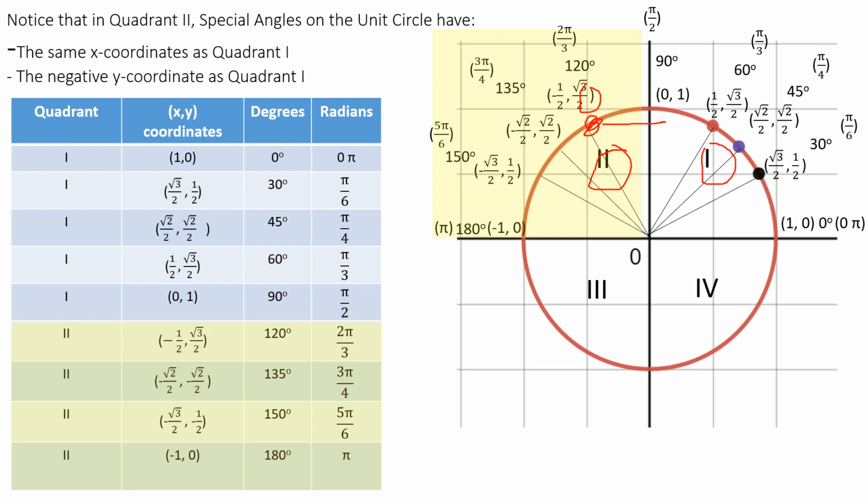But I've moved negative 1/2 instead of positive 1/2. It's just the x that has the opposite sign. Same here. Square root of 2 over 2, square root of 2 over 2 is now negative square root of 2 over 2, comma, square root of 2 over 2. And this last one here, with 30 degrees, square root of 3 over 2, 1/2, is negative square root of 3 over 2, 1/2.